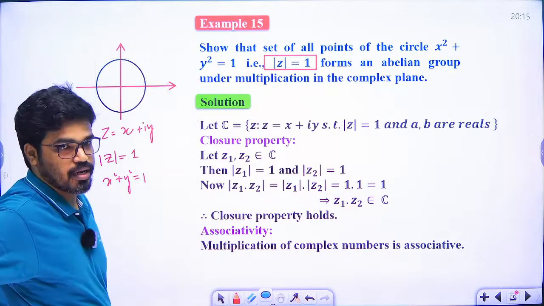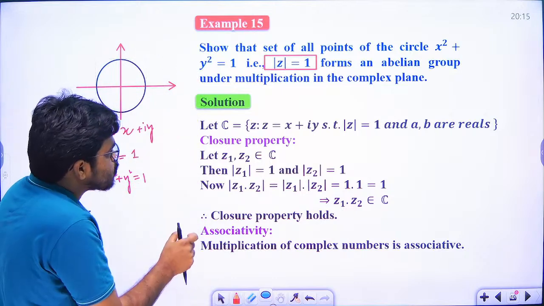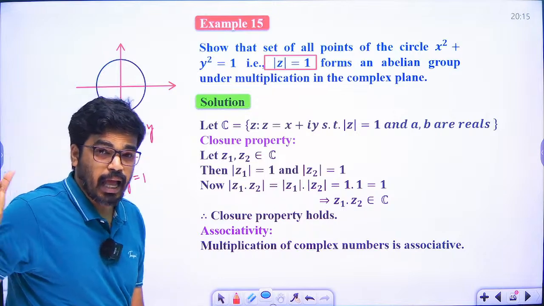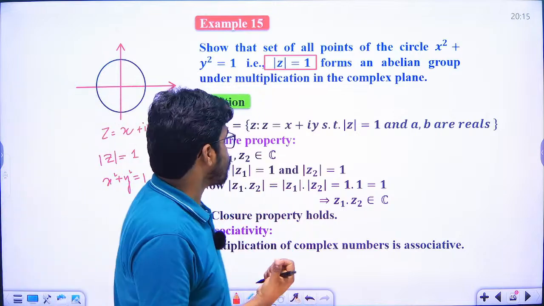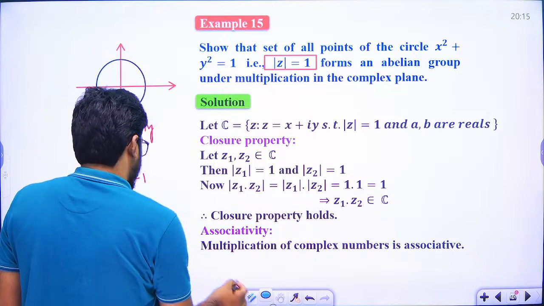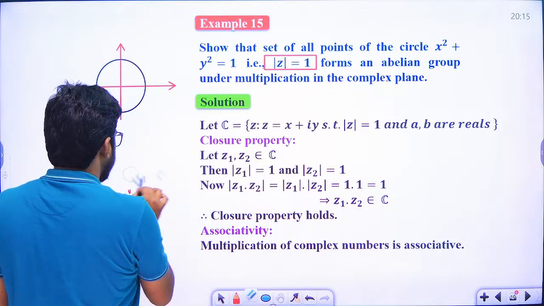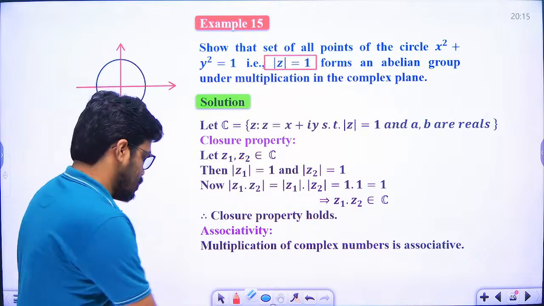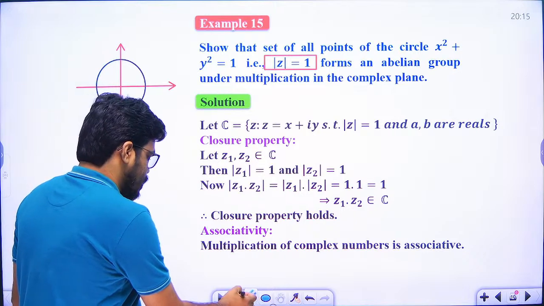So basically we have to show that this forms an abelian group. So first, let's see, we consider this set.